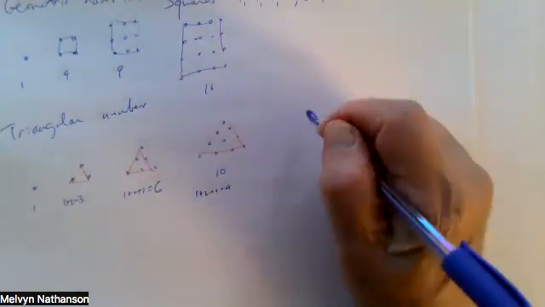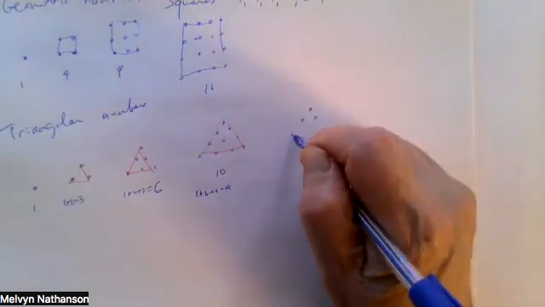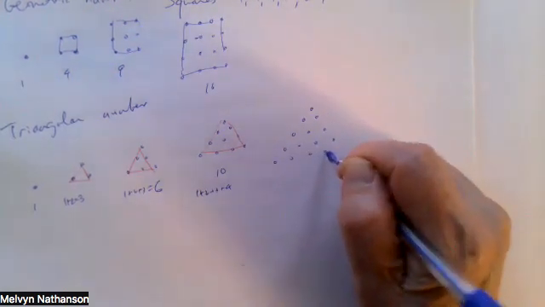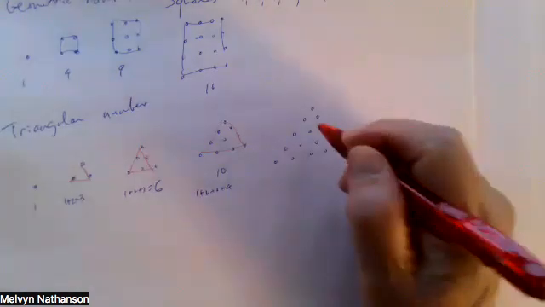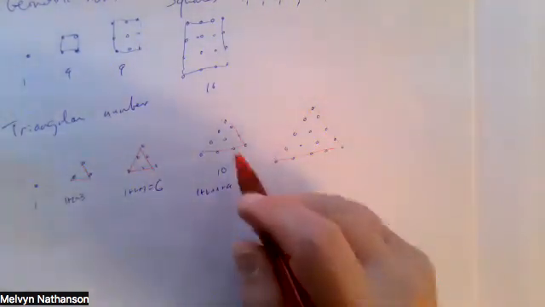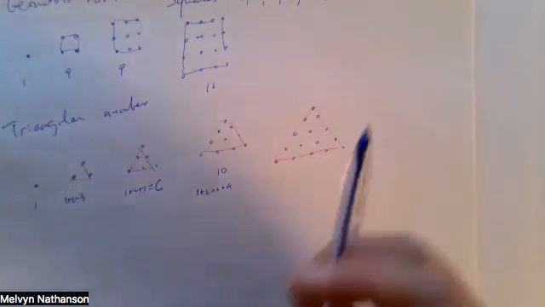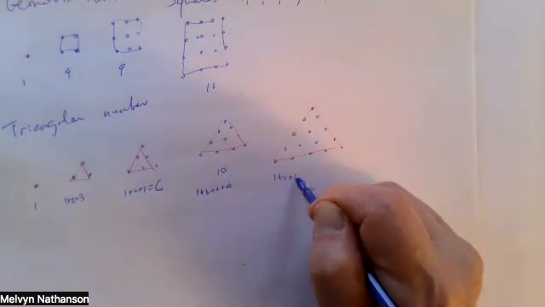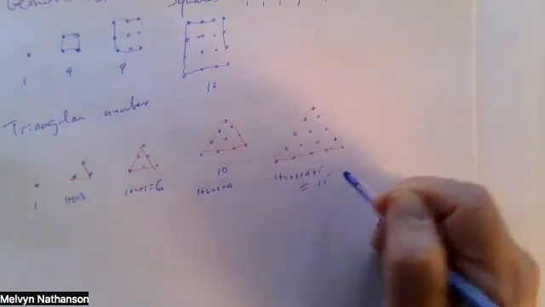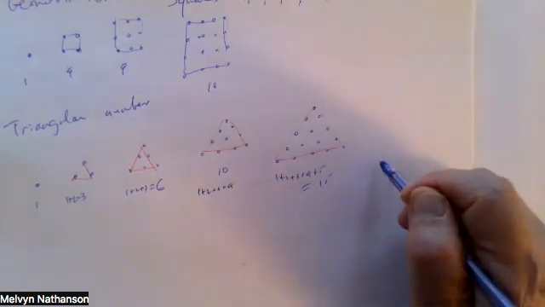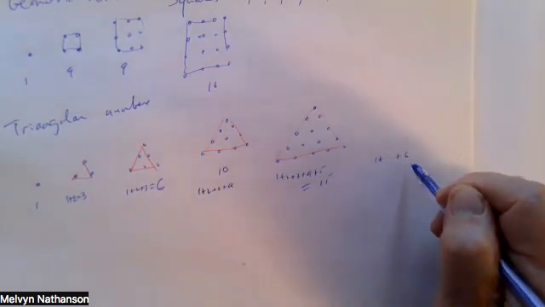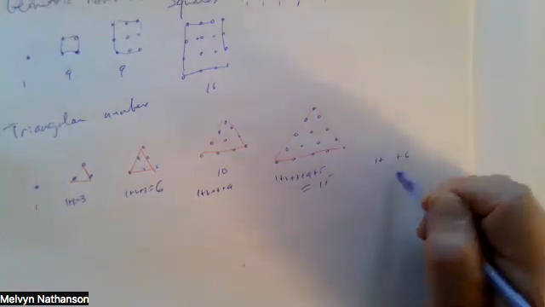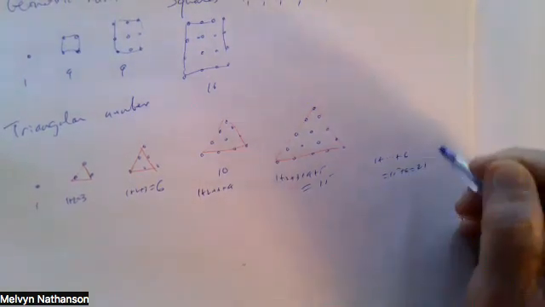What's going to be the next triangular number? You'll have a triangle with 5 dots on each side. There it is. And each time you get the previous number by adding 1 more row, with 1 more dot. So here, 1, 2, 3, 4, 5. That's 15. You would expect the next triangular number to have an additional 6 dots. So 15 plus 6 is going to be 21.